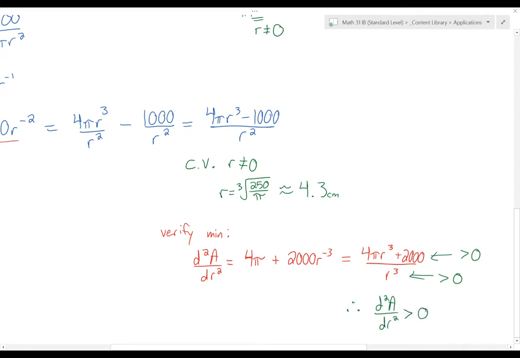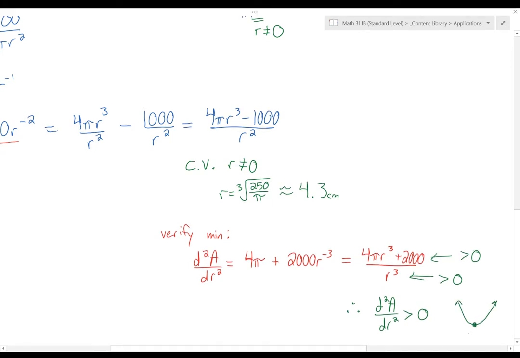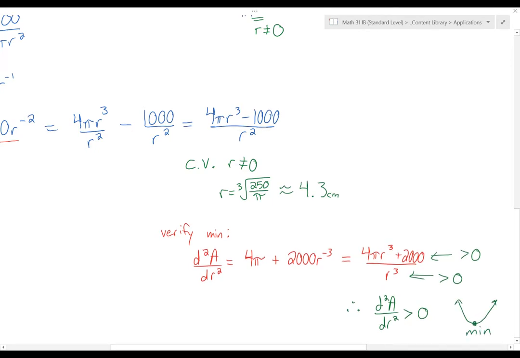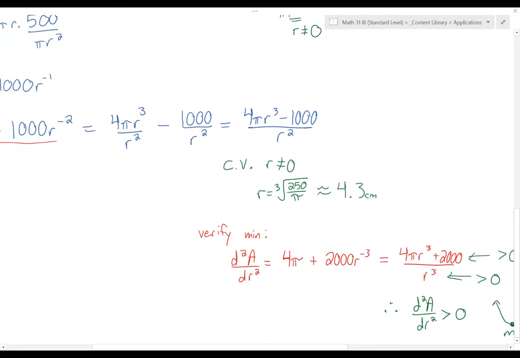Now, I don't need it to be greater than 0 everywhere. I just need it to be greater than 0 when I plug in my critical r value, so the 4.3 centimeters. But in this case, because it actually is positive everywhere, that means that the curvature is positive, and that means that this must be a minimum. So this is a minimum. The minimum occurs when the radius is the cubed root of 250 over pi.